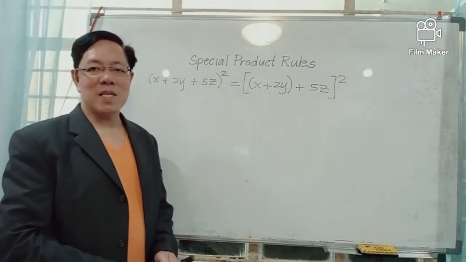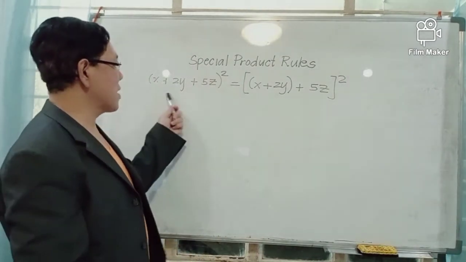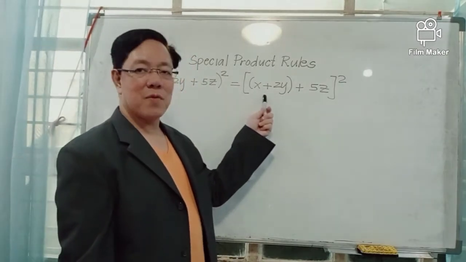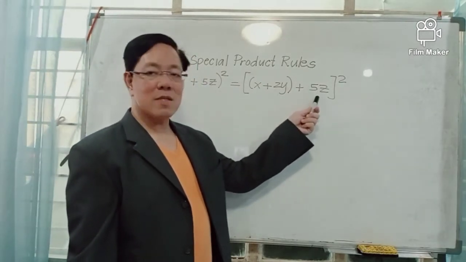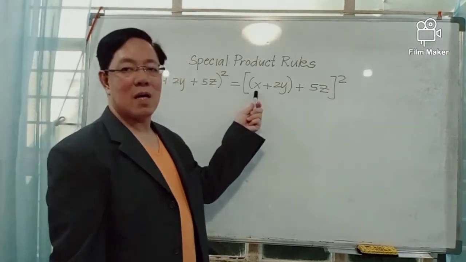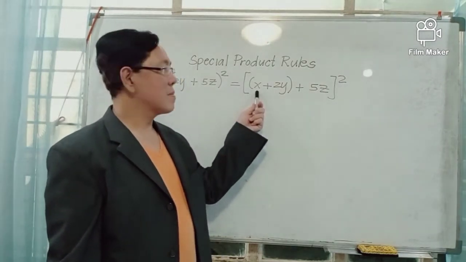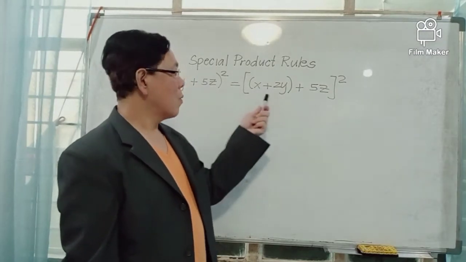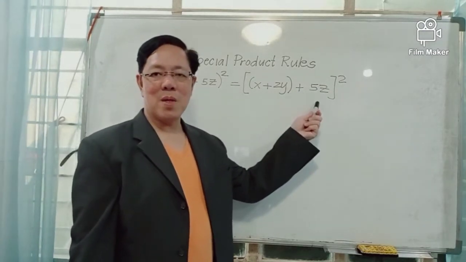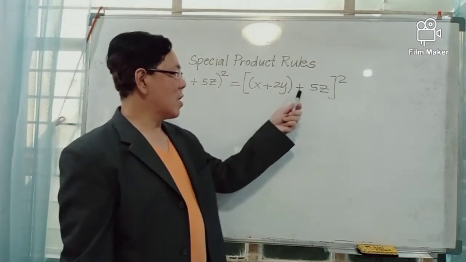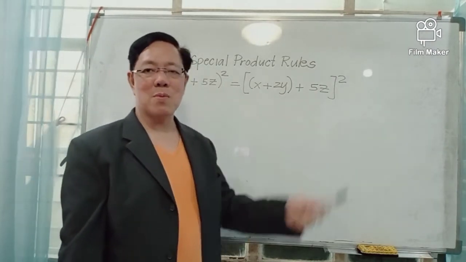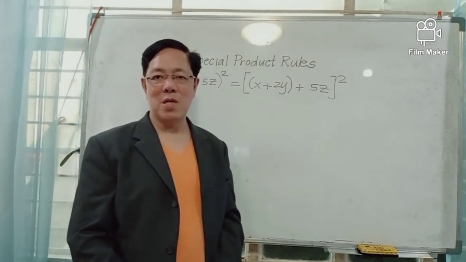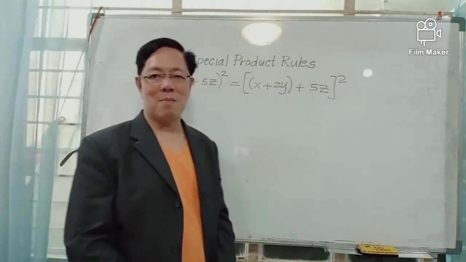Now we have rewritten the given square of a trinomial as the square of a binomial. This is the first term, and this is the second term. The first term is another binomial, but we have a square of a sum of two terms, one binomial and one monomial. And to get the square of this sum of two terms, we now apply the special product rule number 2 for the square of a sum.